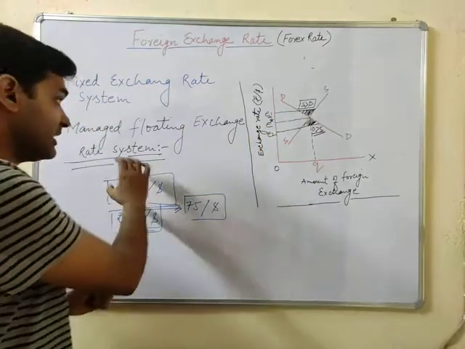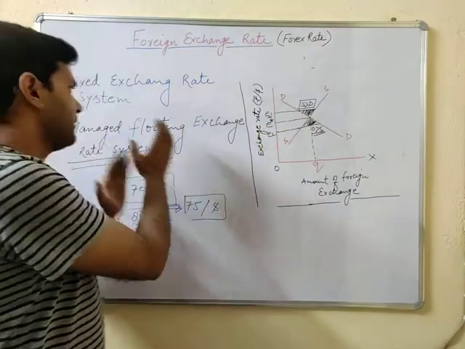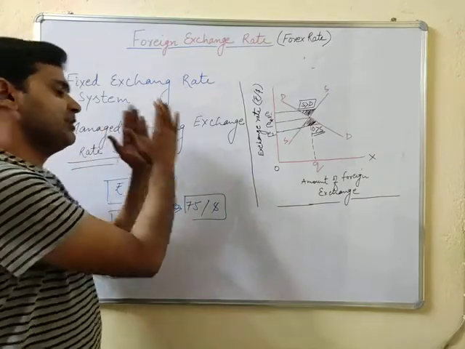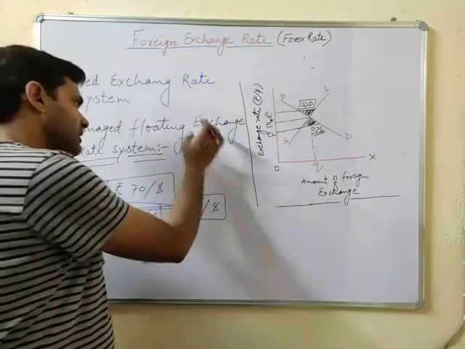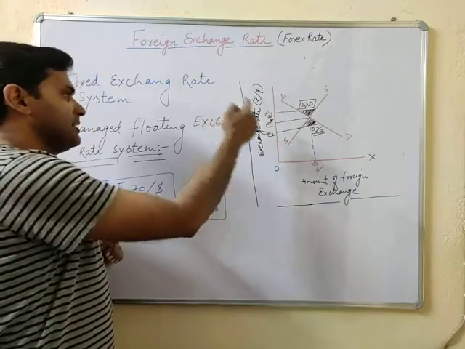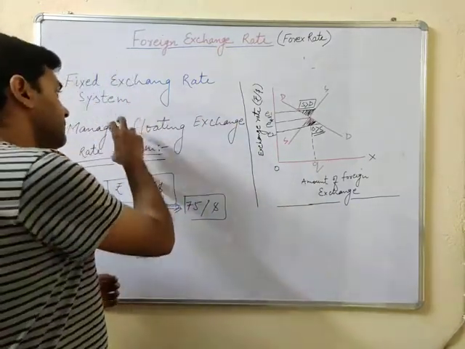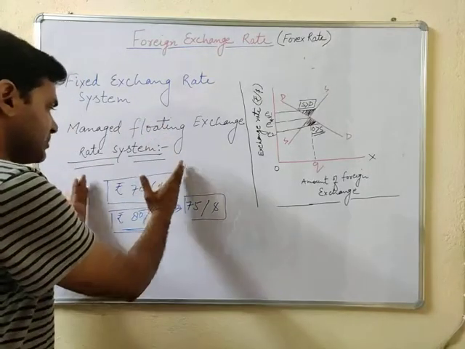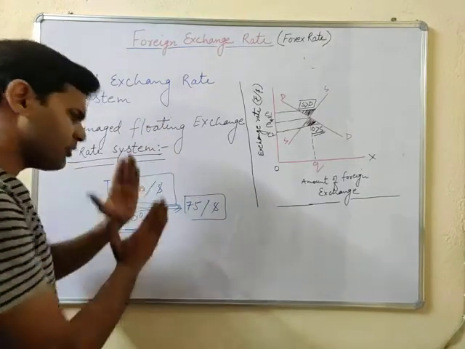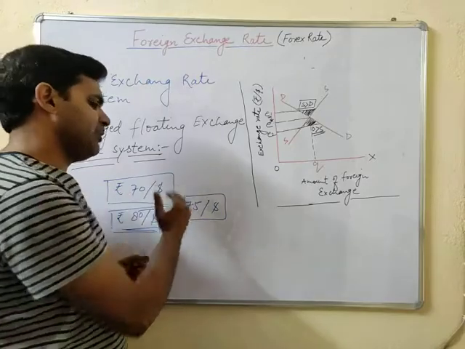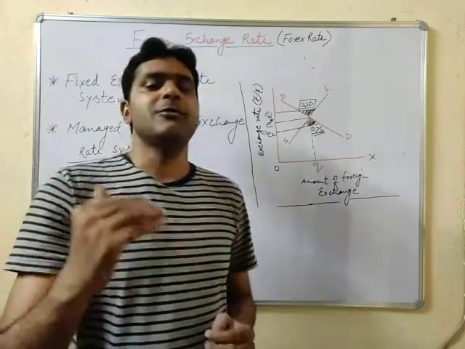So we can say that it is the combination of fixed as well as floating exchange rate. Floating in the sense that it is determined by the market forces of demand and supply, and fixed in the sense that it is kept more or less fixed with the help of central bank intervention.